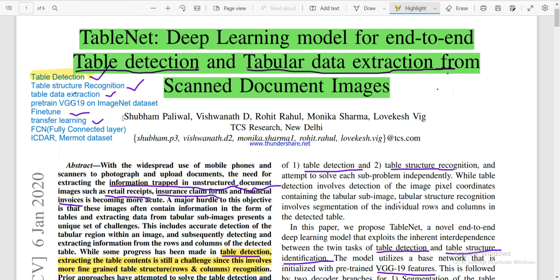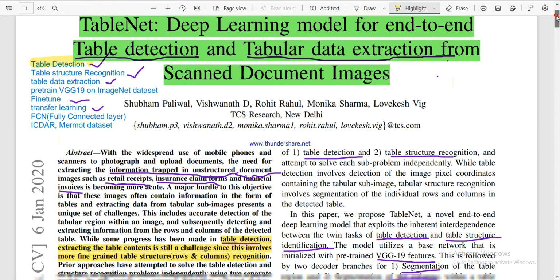So that is transfer learning, and that's why the concept of transfer learning is discussed in this paper. One more thing they discuss is the fully connected layer. And they reproduced their results on the ICDAR dataset and the Marmot dataset. So this is the overall description of what they have done, and now we come to how they have done all these things.